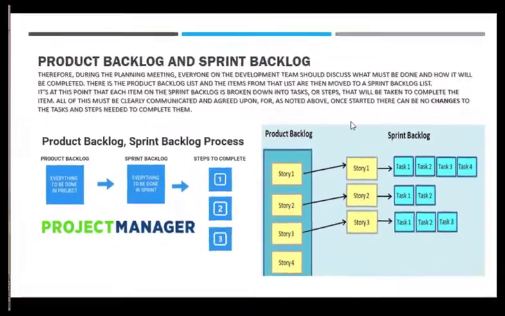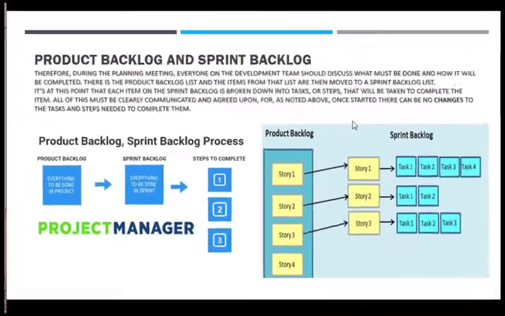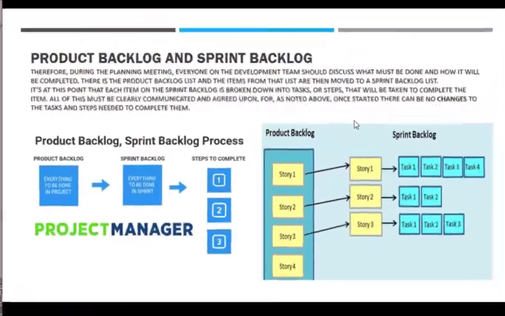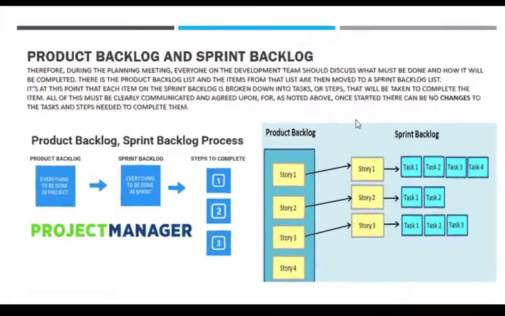So here is the diagram: the product backlog, sprint backlog process. The product backlog is everything to be done in the product, and the sprint backlog is everything to be done in the sprint and the steps to complete it. Here you see another screen. In the product backlog, the product owner divides a project into different user stories: user story 1, user story 2, 3, 4.